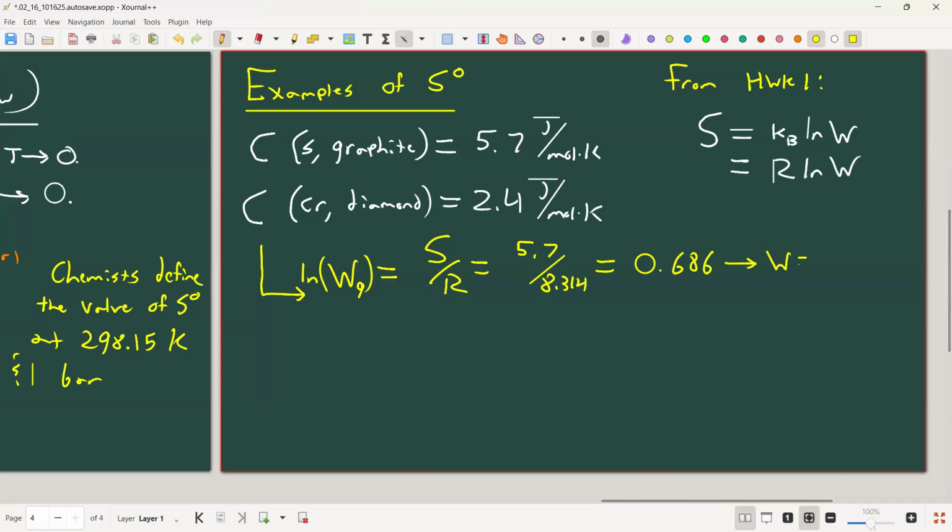And that means that W is going to be e to that value. Sorry, I typed in the wrong value. W is approximately 2. So graphite has 2 configurations.